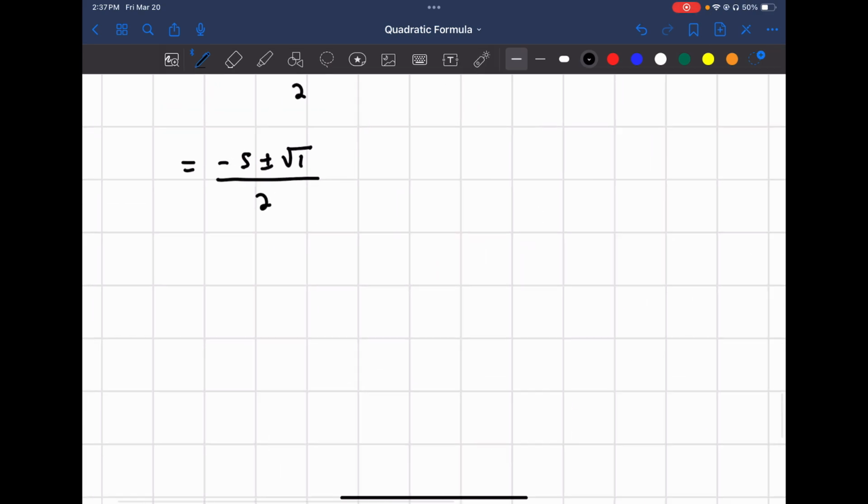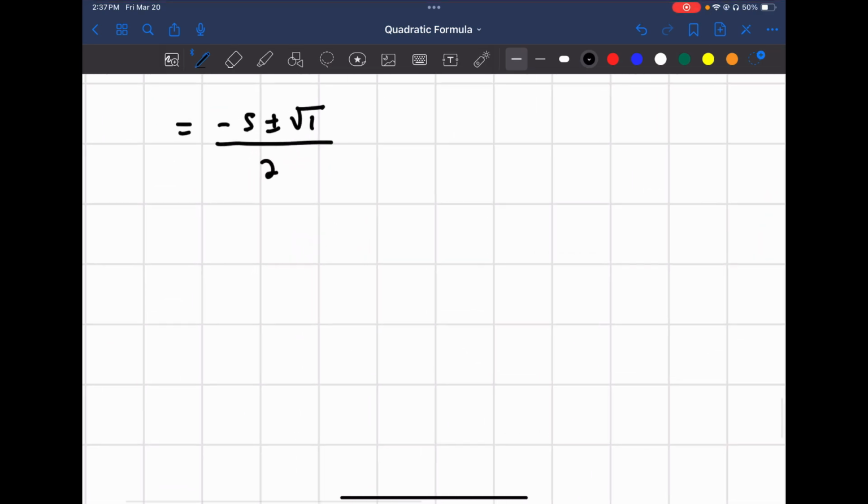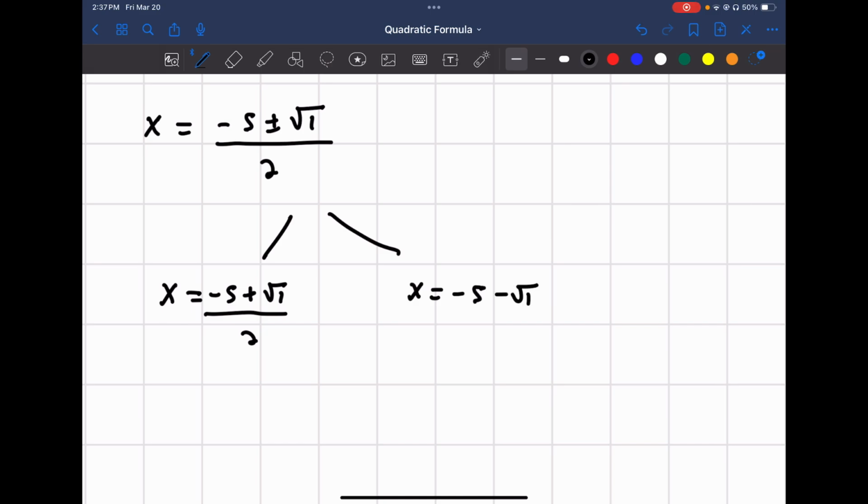And now that we're given the plus or minus sign, it means that this answer could have two solutions. So x could be equal to either minus 5 plus the square root of 1 over 2, or x is equal to minus 5 minus the square root of 1 over 2.